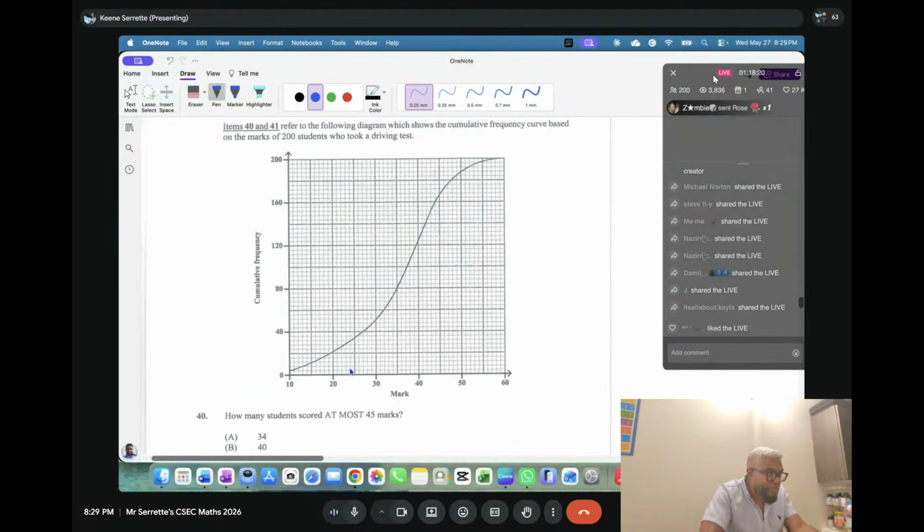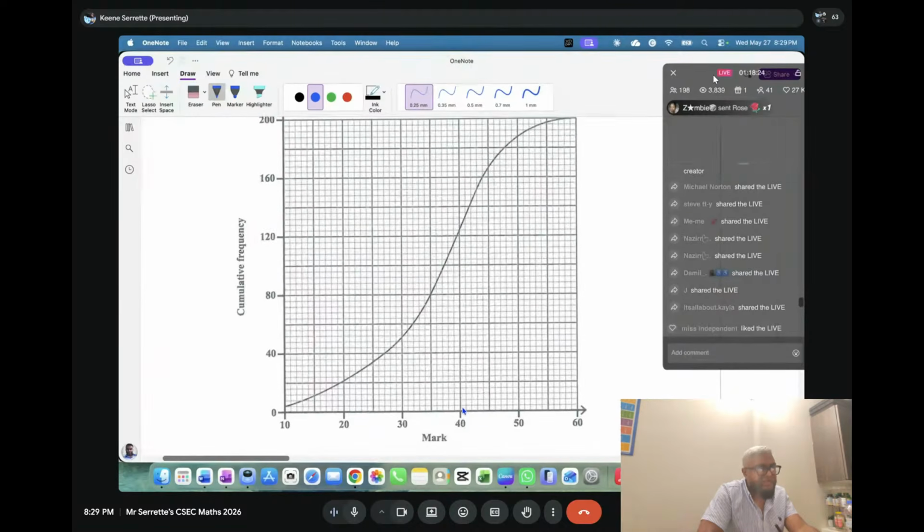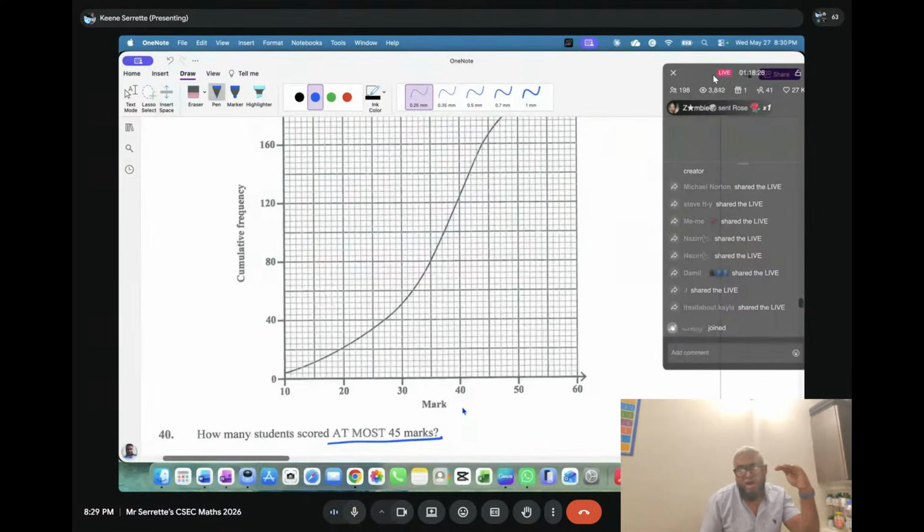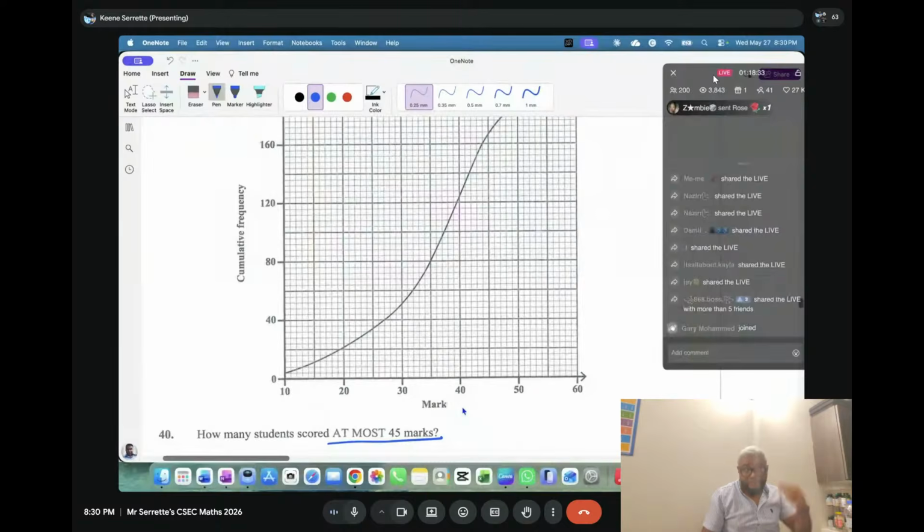So they want how many students scored at most 45 marks. At most 45 marks, so it's like up to 45, 45 or less, right? So how many students scored 45 or less? So we're looking for 45. 45 marks will be here, going up to here, in between here.